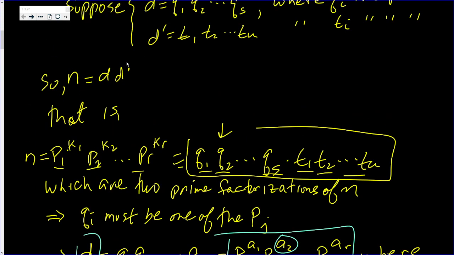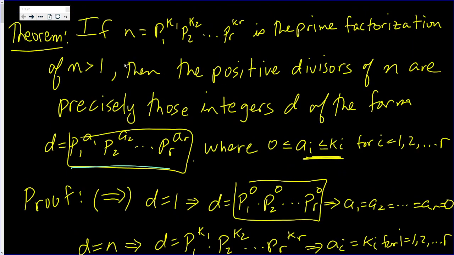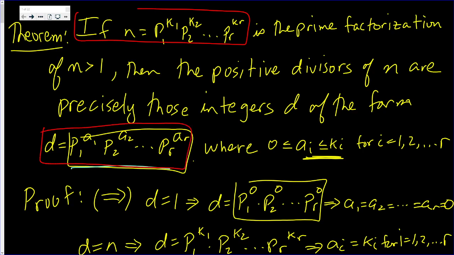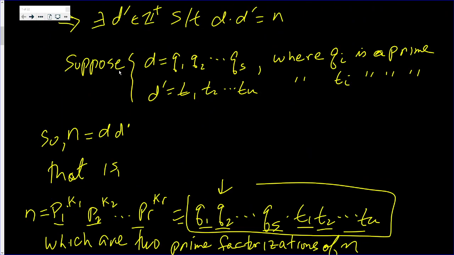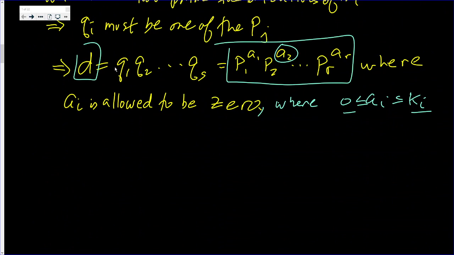Now, if we look back at the very top, I wanted to show D equals that. Got it? That half is done. Okay, so now let us go in the other direction.